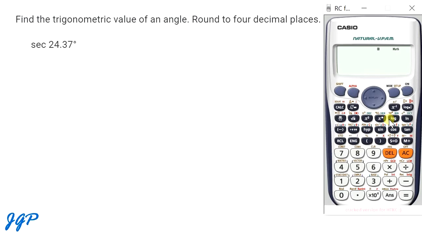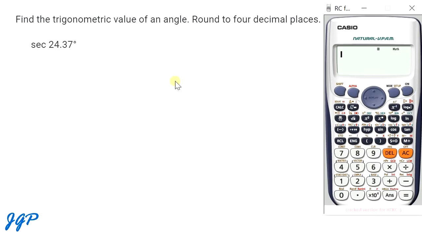In using your scientific calculator and you want to find the cosecant, secant, and then cotangent, remember that your cosecant theta, secant theta, and cotangent theta are reciprocal functions of the sine theta, cosine theta, and tangent theta respectively. So, ibig sabihin, gamitin natin yun.